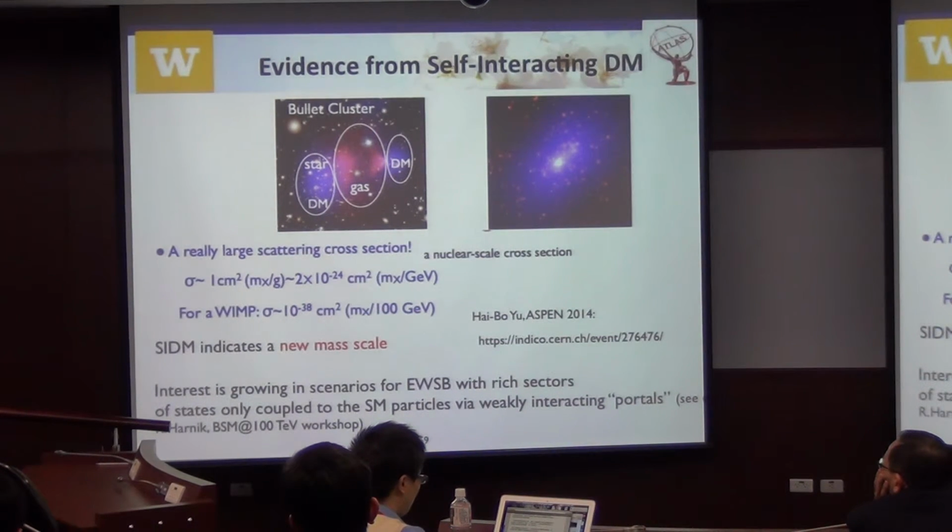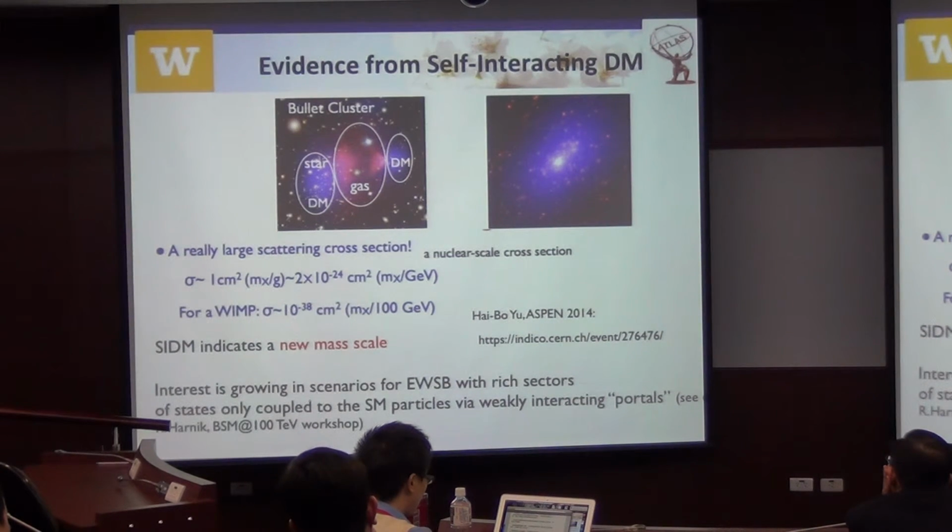The other important thing is that if you calculate the observed rate, it is much higher than a typical WIMP could predict in terms of self-interacting dark matter.